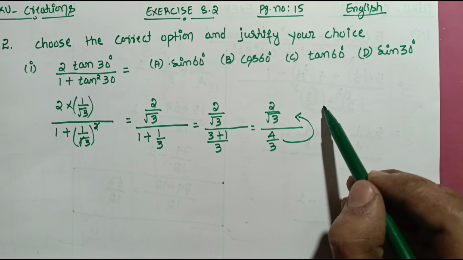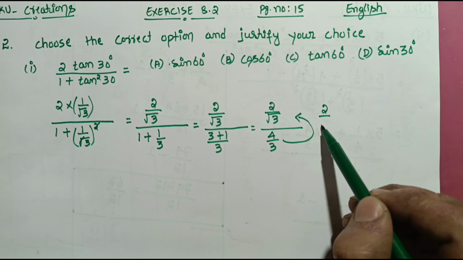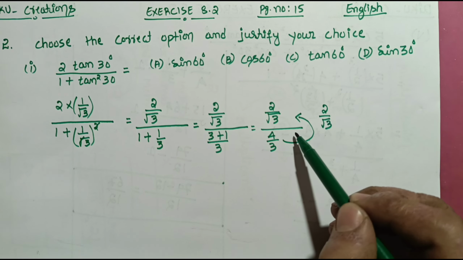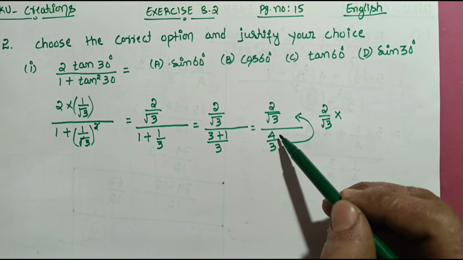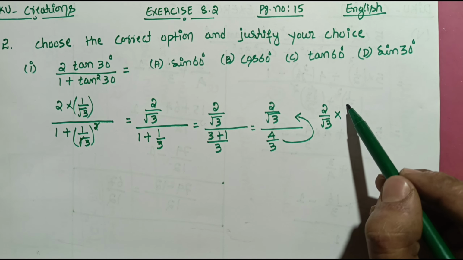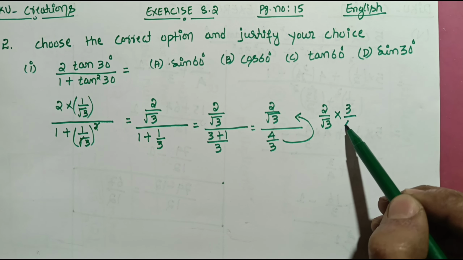Okay, now 2 divided by root 3, this division is going to convert into multiplication and the numerator as well as denominator are going to be interchanged, 3 divided by 4.